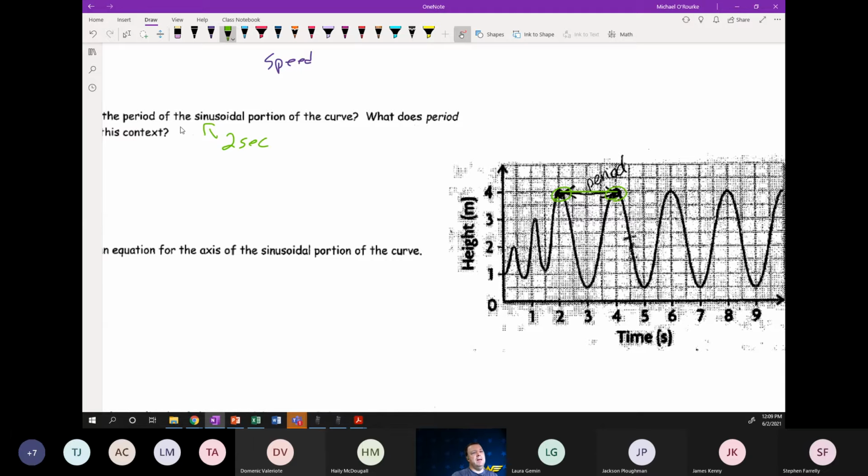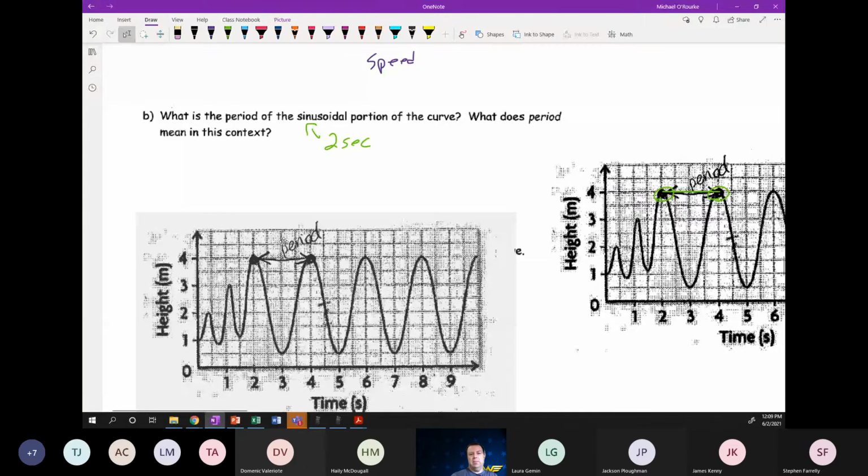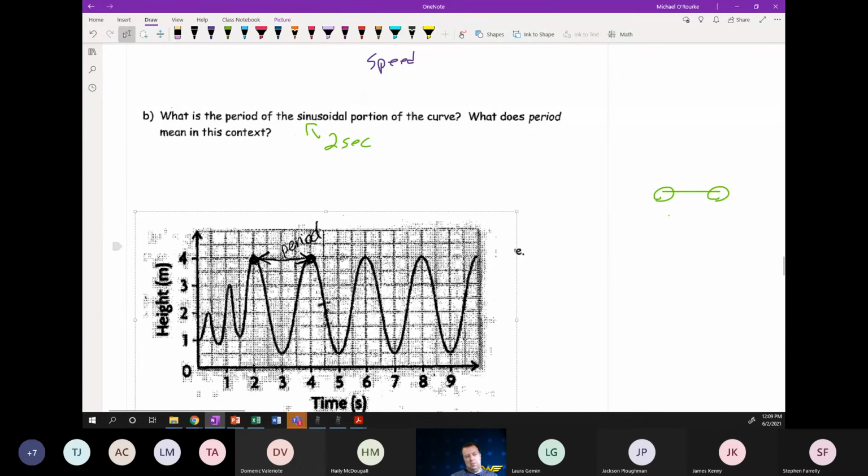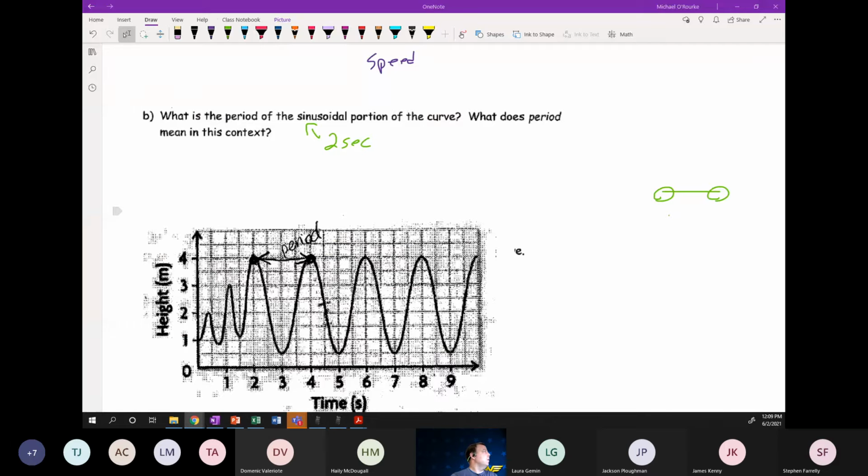Now, what does that period mean in the context of him jumping? What does that 2 seconds mean in that period?